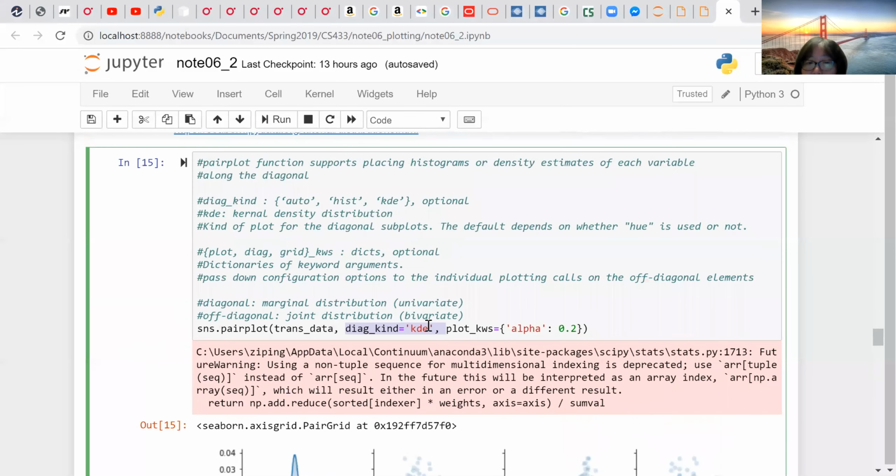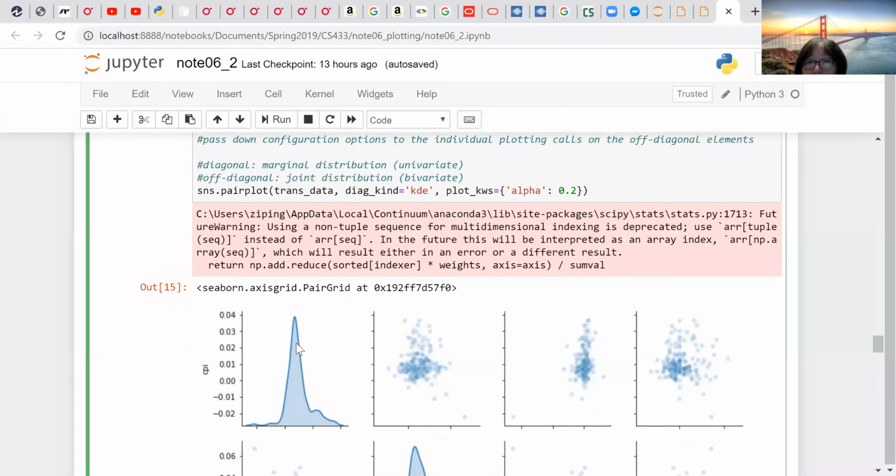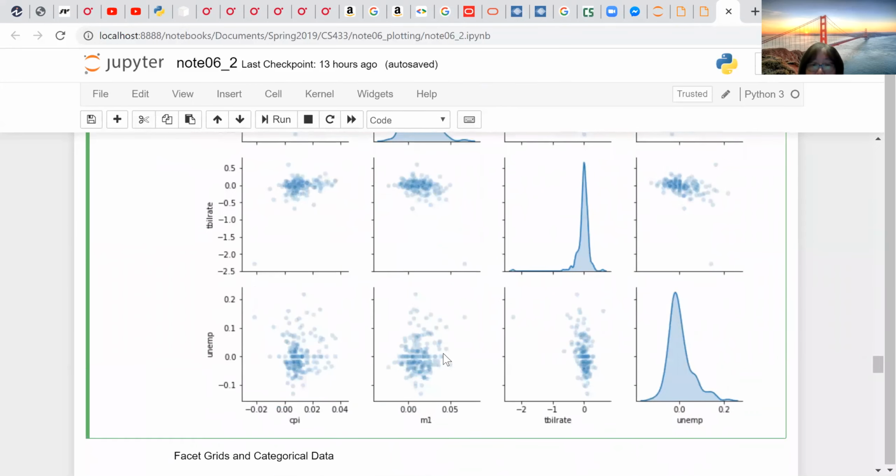In this case, it's going to pick the KDE, the kernel density distribution. And for this alpha, we already learned before, it's about the transparency, the channel.